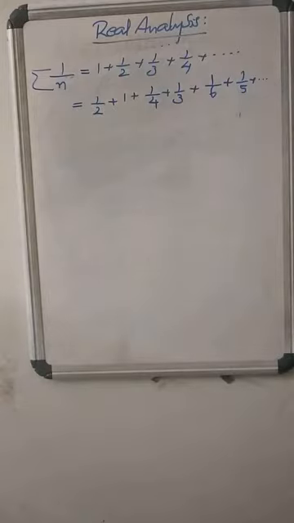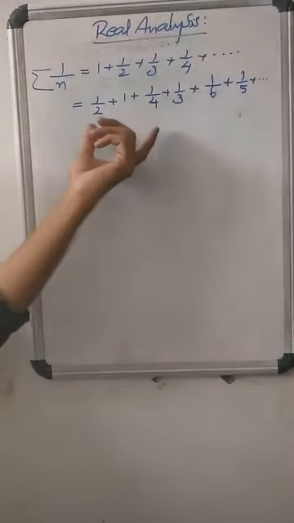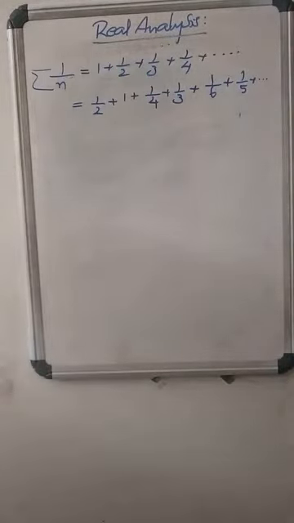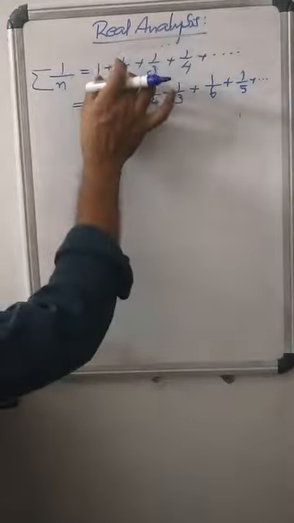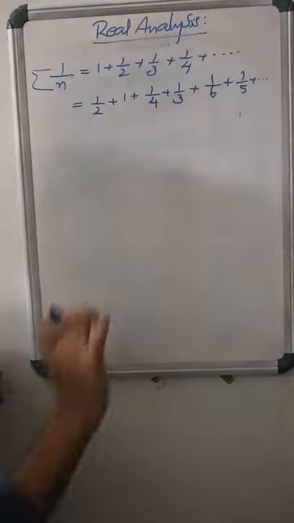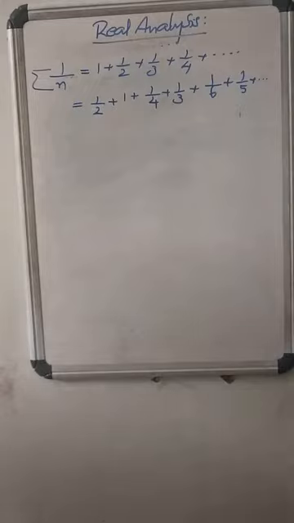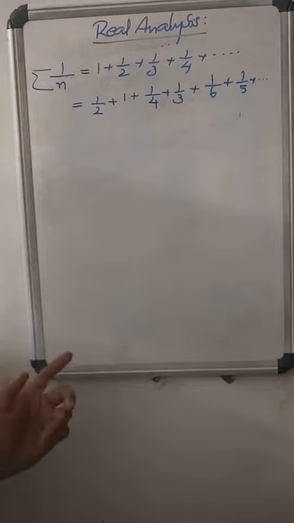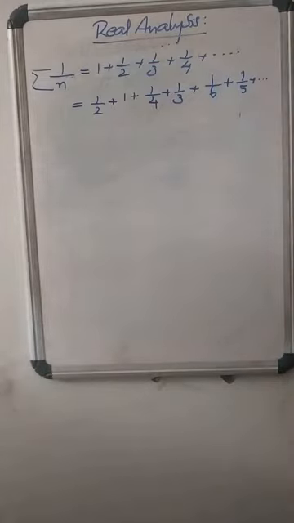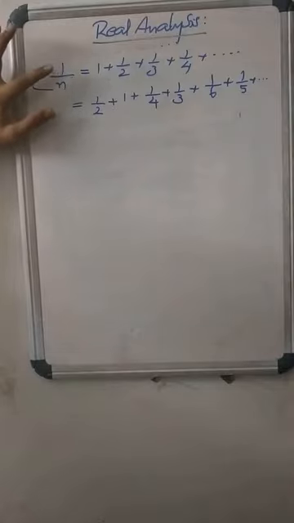What are the elements in that series? Sigma 1 by n is 1 plus 1 by 2 plus, etcetera. You can scramble the order by keeping the elements fixed, and then you have another series: 1 by 2 plus 1 plus 1 by 4 plus 1 by 3 plus, etcetera. Here the second series is obtained by interchanging the first and second terms, third and fourth terms, fifth and sixth terms, etcetera, in the original series.